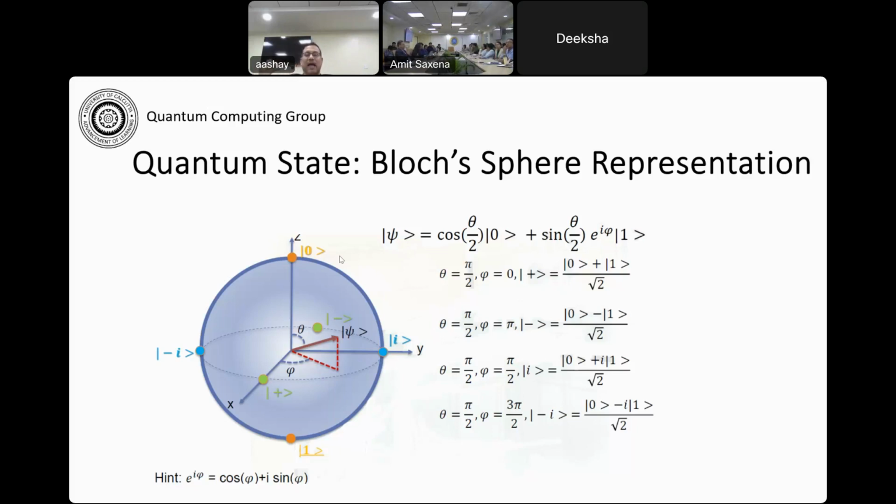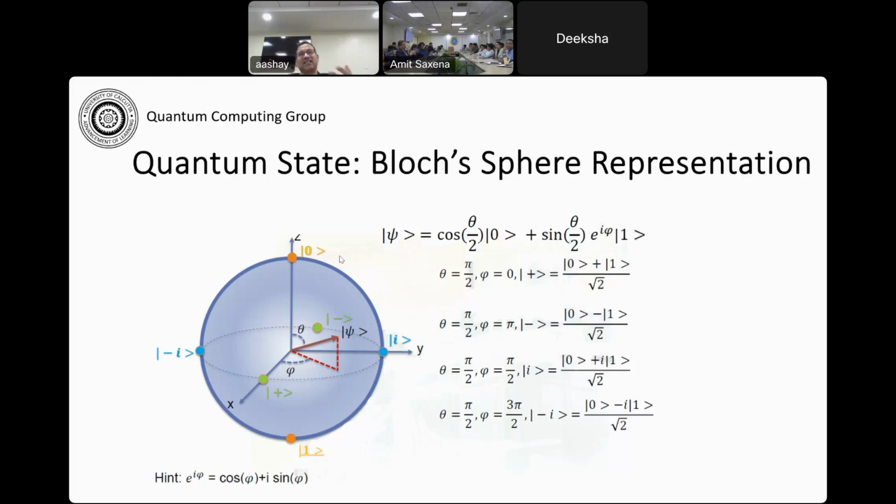Now, what I show next are the different values of theta and phi which make this vector align to very well demarcated quantum states. It is not that when we operate, we will only move into these quantum states, but some of the quantum states are very well demarcated, like the plus and minus. Plus and minus states are the extreme states on the x-axis, like 0 and 1 are the extreme states of the z-axis.